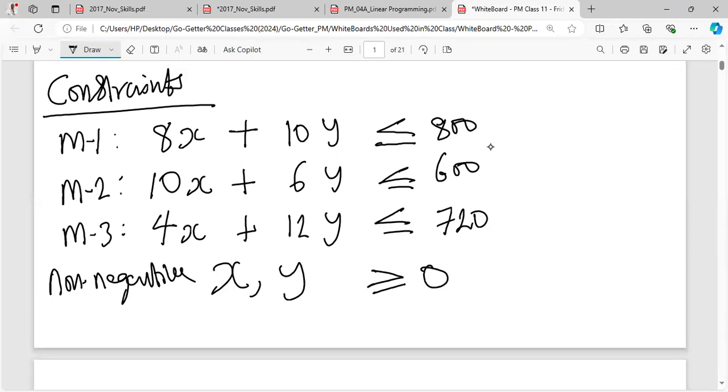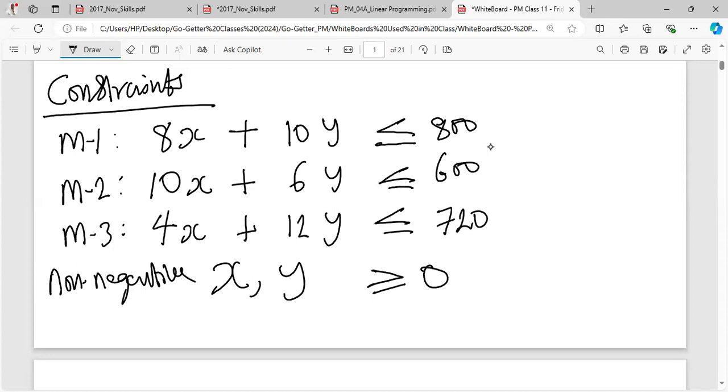Always, whether you are doing a minimization or maximization problem, you must put this last constraint, x, y greater than or equal to 0. This ensures that you don't have a negative answer.